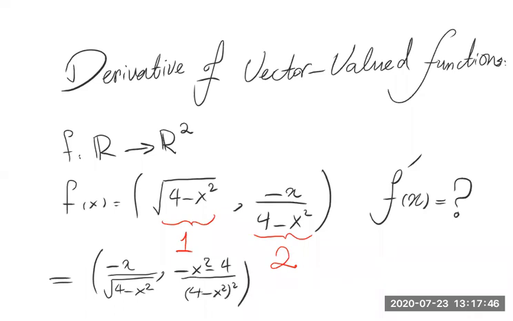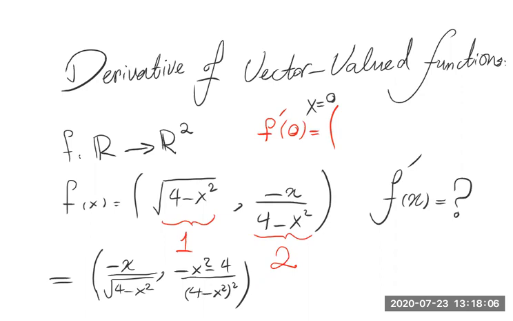As you can see, again, it's a vector. It has two components. So for example, if they ask us what is derivative at, say, 0, we should just plug in x by 0. We should let x be 0.